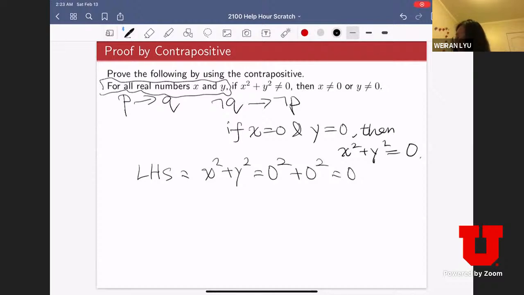And the right-hand side would just be 0. And then you can say, okay, 0 is equal to 0, so the left-hand side is equal to the right-hand side. And then you can say, thus, since the contrapositive of the statement is true, the logically equivalent original statement is true as well.